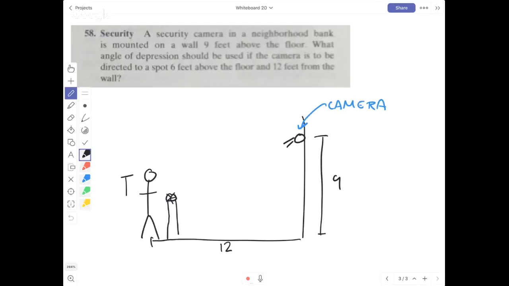So this is 6 feet here, and there's the jewel case, and here's the angle to the dude that they're going to catch. And they want to know what angle of depression should be used. So that means how much down from the horizontal should they point it to catch the guy on camera.